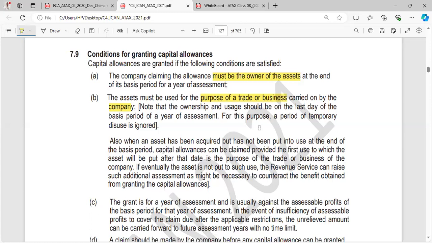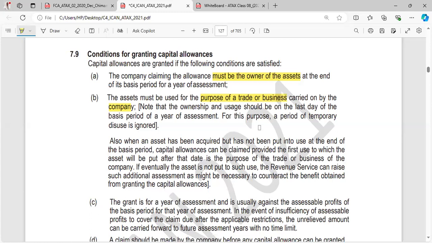So we are using January to December now as an example. You are using this motor vehicle or this plant and machinery up to December 31st. You are the owner of it as at December 31st. You are using it as at December 31st.